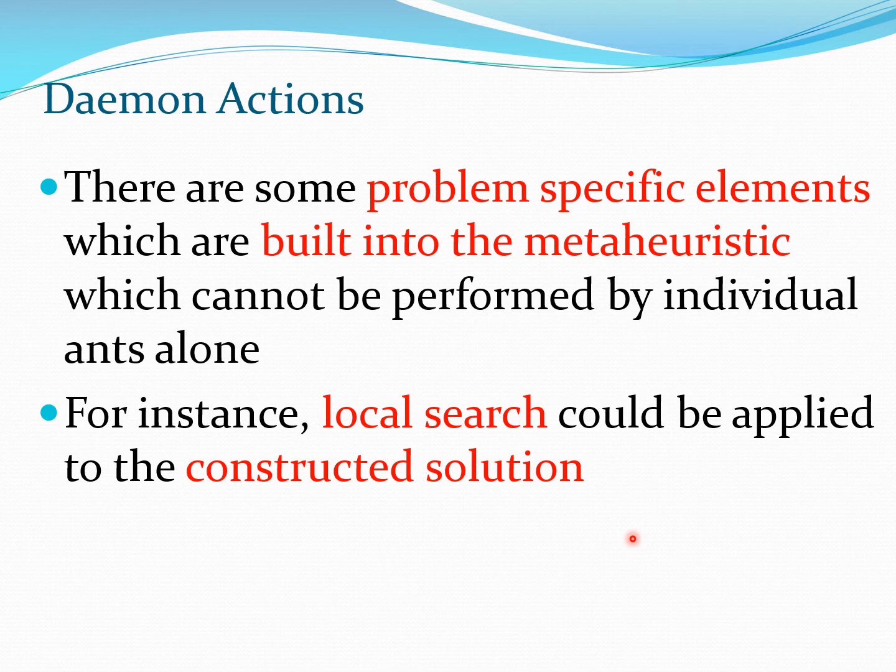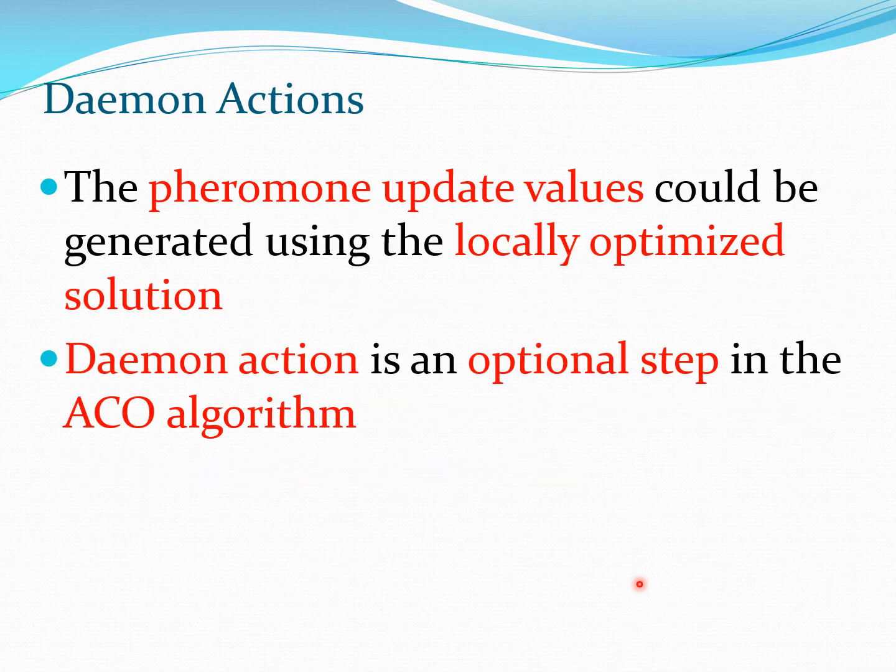These would be examples of Daemon actions which essentially run in the background. The pheromone update rules, for example, could be generated using the locally optimized solution. Again, remember that the Daemon action step is an optional step in the ACO, so you can skip this particular step if necessary. You don't have to include Daemon action in the ACO algorithm.